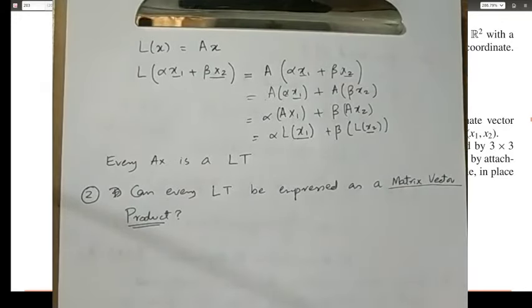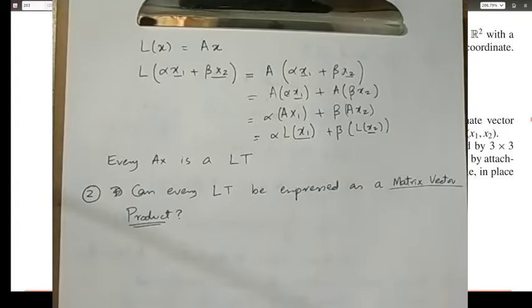We know that every matrix vector product is a linear transformation, but the reverse question is more important: can we express every linear transformation as a matrix vector product?